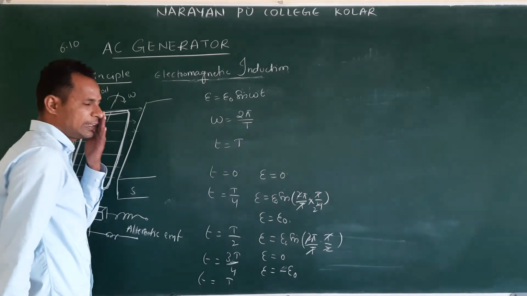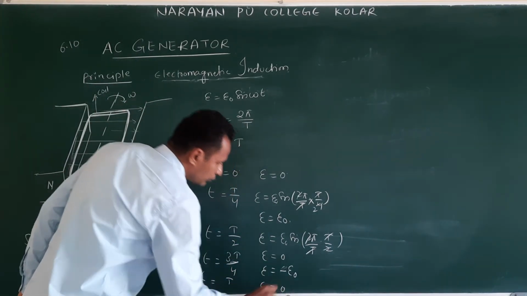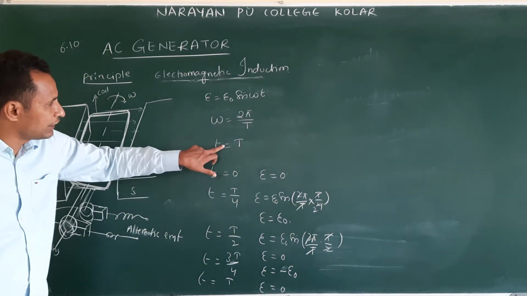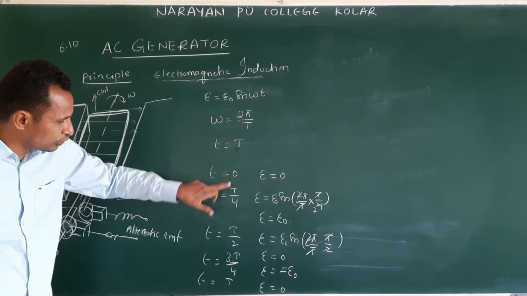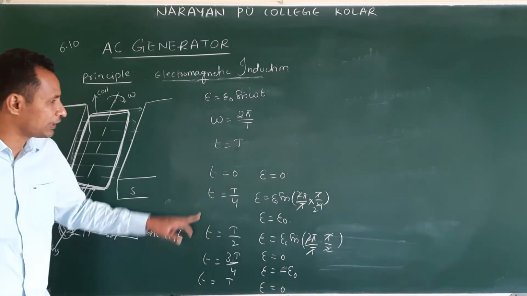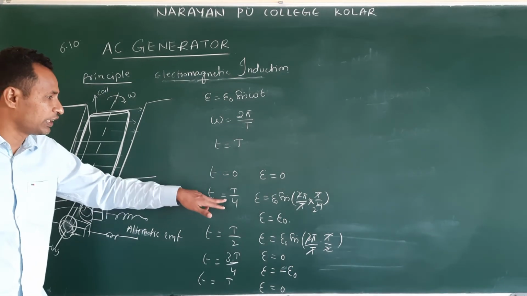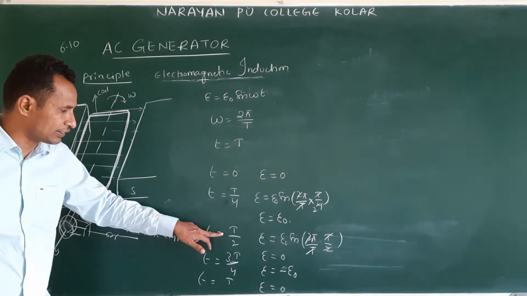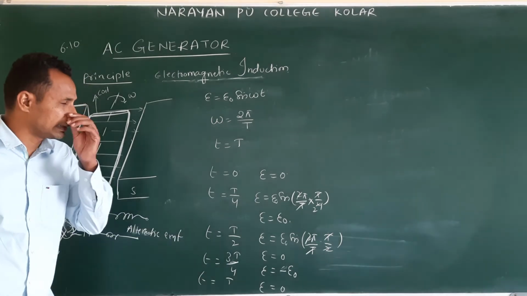Next, t is equal to T: complete circle, 360 degrees completed. In that case, E is equal to 0. For one rotation, t is equal to capital T, one rotation from 0 to capital T is completed.